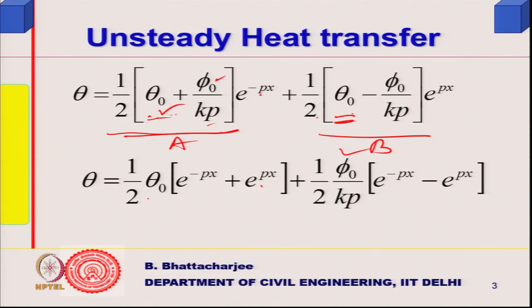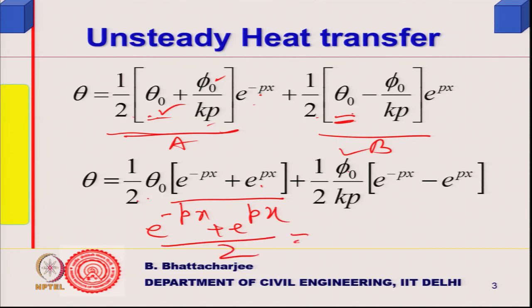And here half still remains, and I have phi 0 by Kp, and again e to the power minus Px minus e to the power Px.